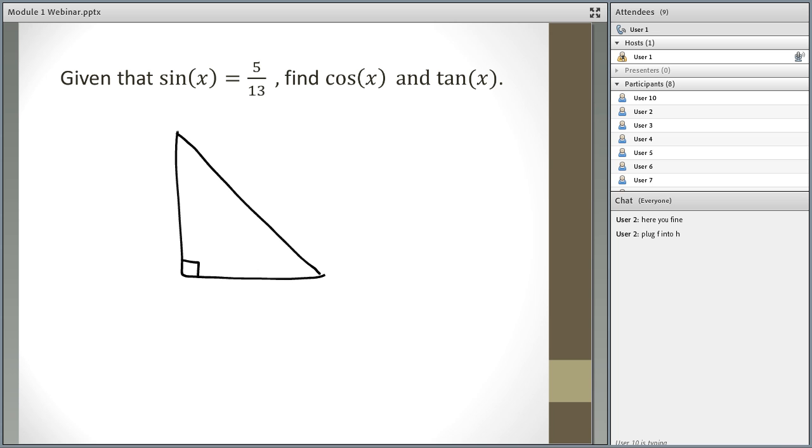And I can label x, or in the last example it was theta, again theta and x can be interchanged. I can label x in any of the other two corners. It's not the right angle. So I could label x here, or I could label it in the other corner. All that changes is where the opposite and the adjacent are, but it all works out the same way. So if we label x here, and we know sine x is 5 over 13.